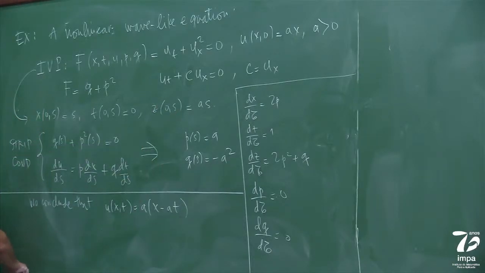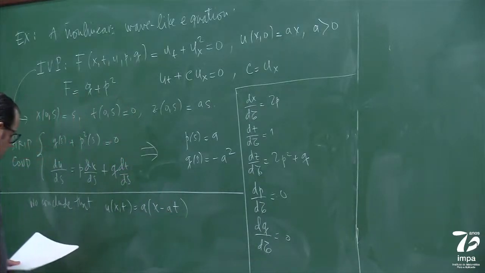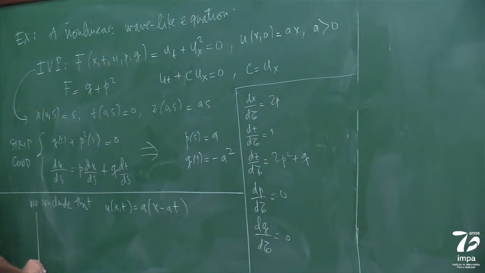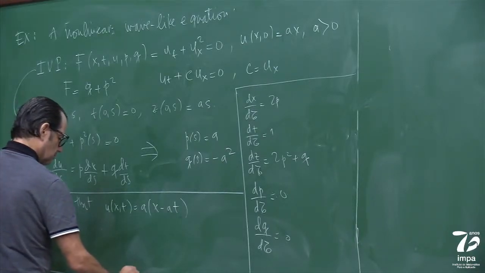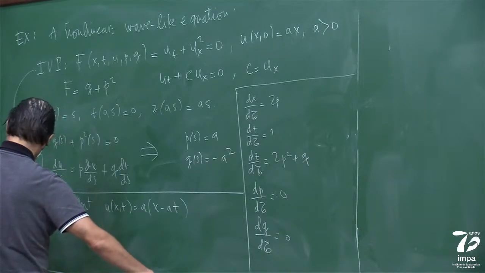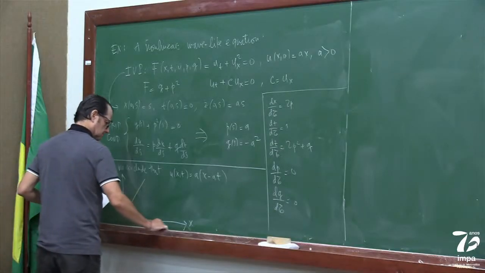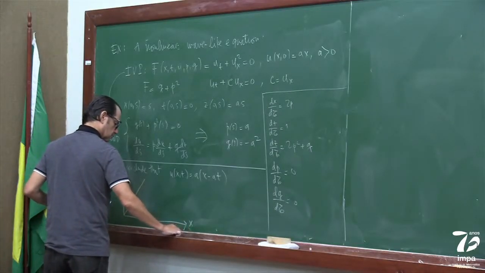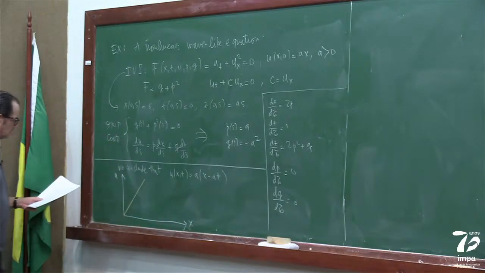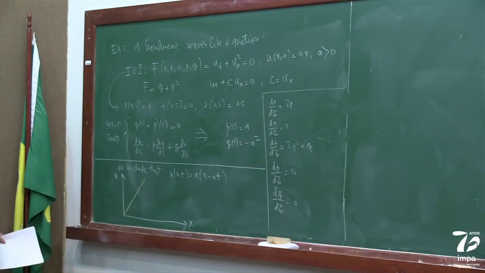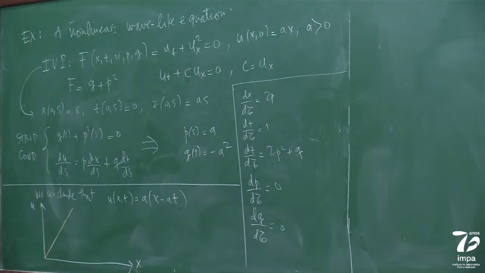Okay, and the last thing I want to point out to you, without giving all the details, is to try to convince yourself that we have a picture like this. It's kind of fun, right? Because it looks very simple. So if I put here u, I put here x, okay? So look, if I put here u, excuse me, I think I have to drink some water soon because the throat is getting dry from the air conditioning.